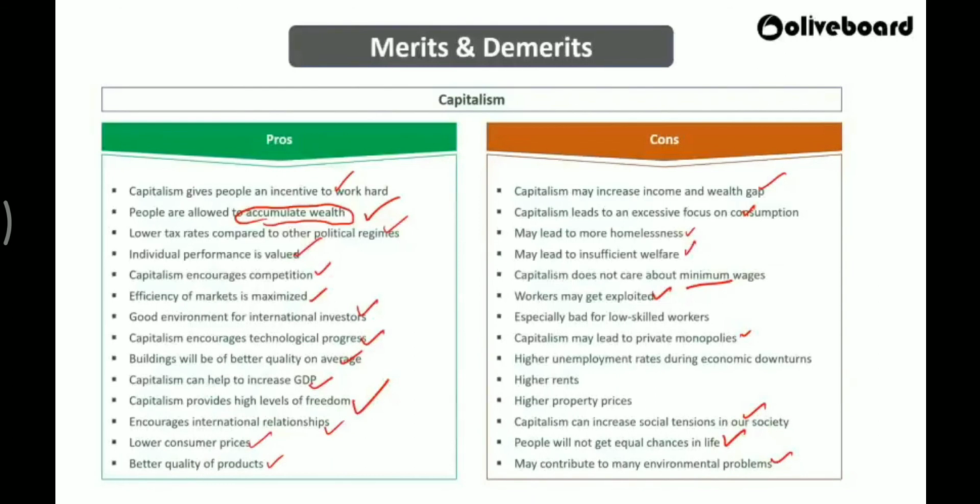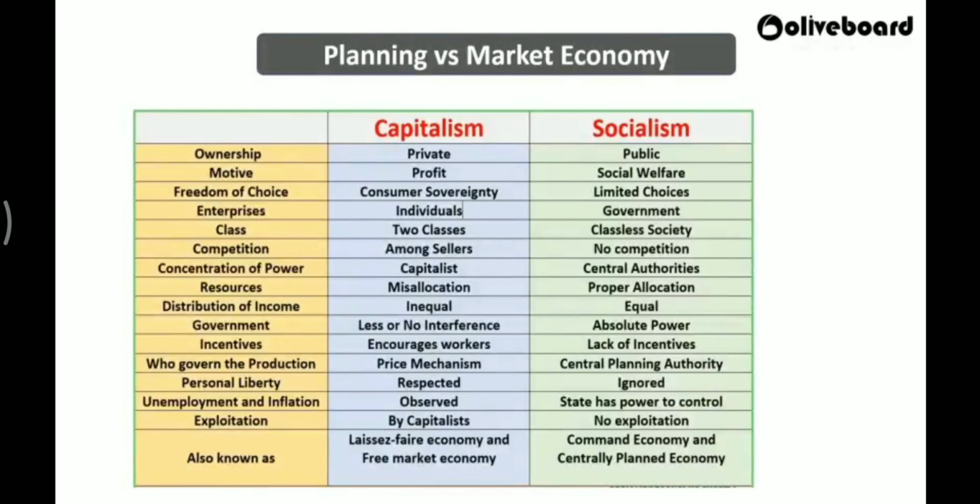Alright? I hope you understood capitalism, guys. Next, I have given just a comparison here. Ownership: capitalism will be private, socialism will be public. Motive: profit versus social welfare. Freedom of choice: the consumer has absolute choice; here, no choice I can say, or limited choices. Enterprises will be owned by individuals; here, the government.